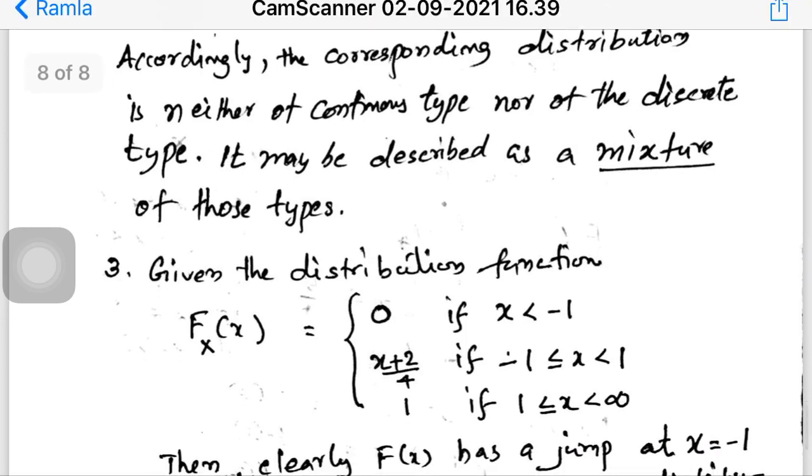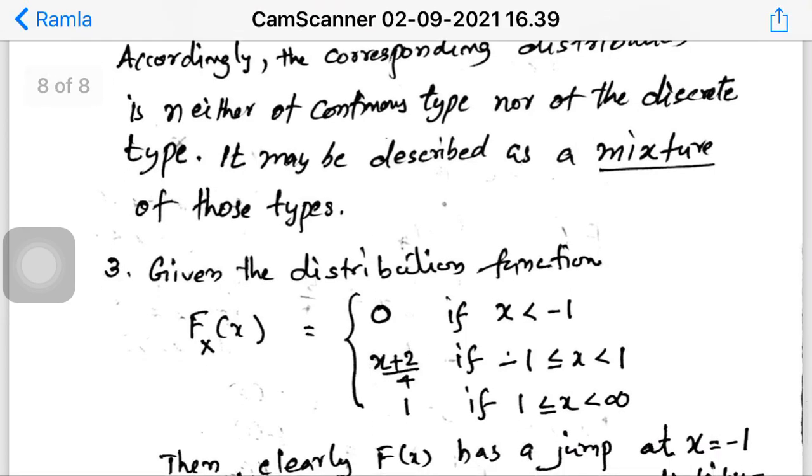In the third example, what happens? By seeing the distribution function itself, you can identify at x equal to minus 1, what is f of x? You substitute x equal to minus 1, so that it is minus 1 plus 2, that is 1 by 4. So at x equal to minus 1, the probability is 1 by 4.